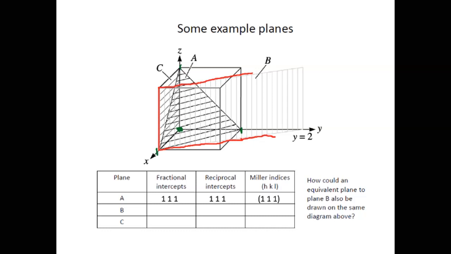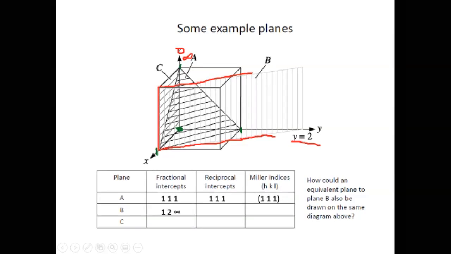Secondly, it crosses the x-axis at 1, the y-axis at 2, and it never crosses the z-axis. So that would be infinity. Since it never crosses, it's given the coordinate infinity. No matter how far you go in two directions with this plane, it will never cross the z-axis. So the fractional coordinates for B are 1, 2, infinity.